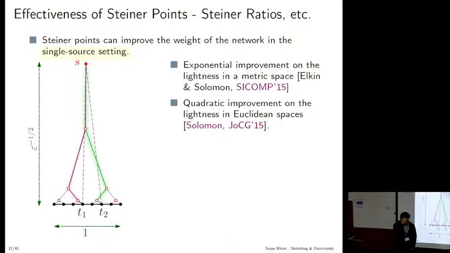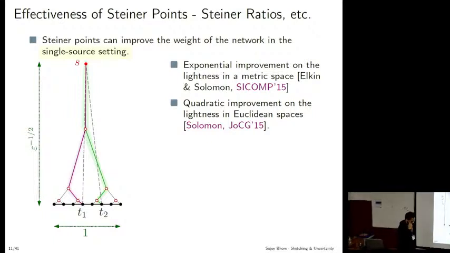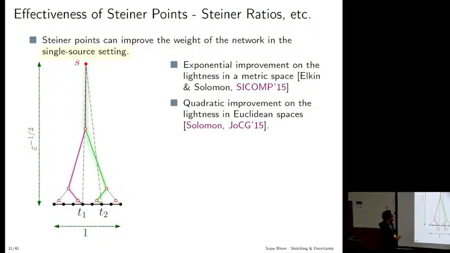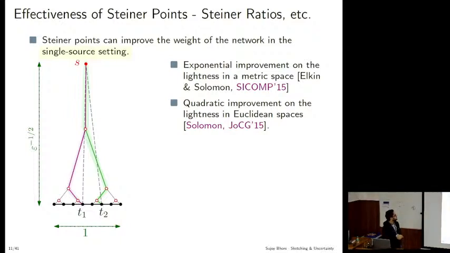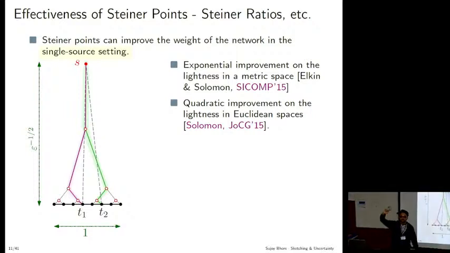So I want to highlight that this phenomenon of improving the value of the construction is not entirely new. Of course, in this context, this was new. Mikhail Elkin and Solomon observed that in the single source setting, imagine that you have one point which is very far away from everything else, and I want this distortion guarantee between this point and every other point from that other cluster, right?